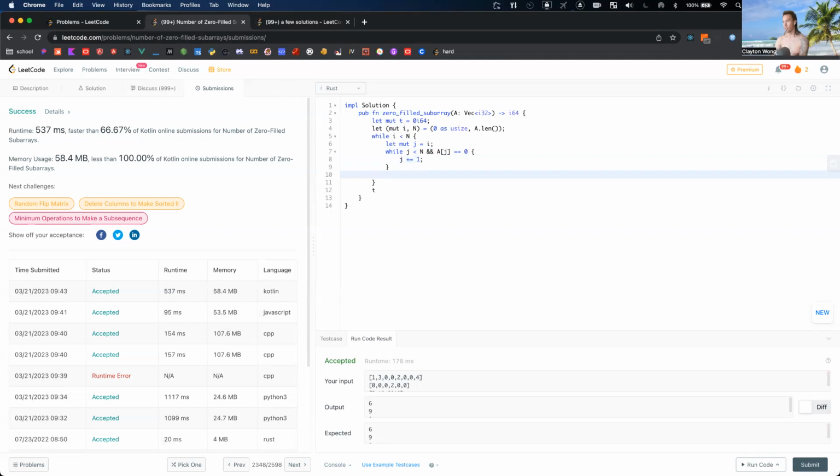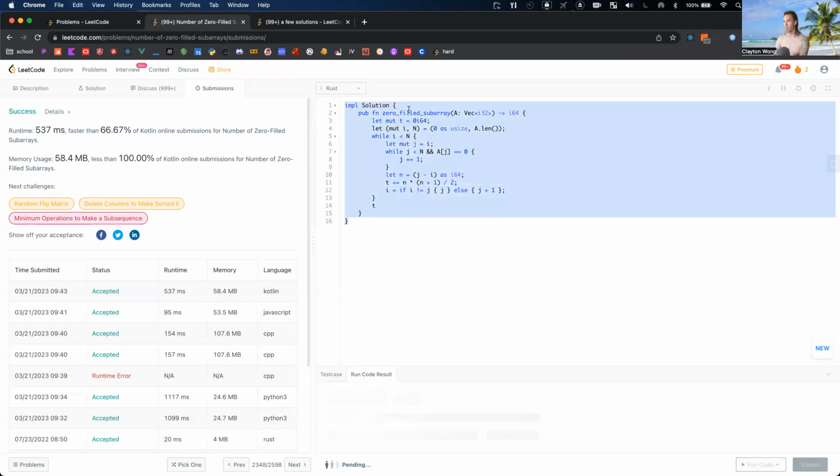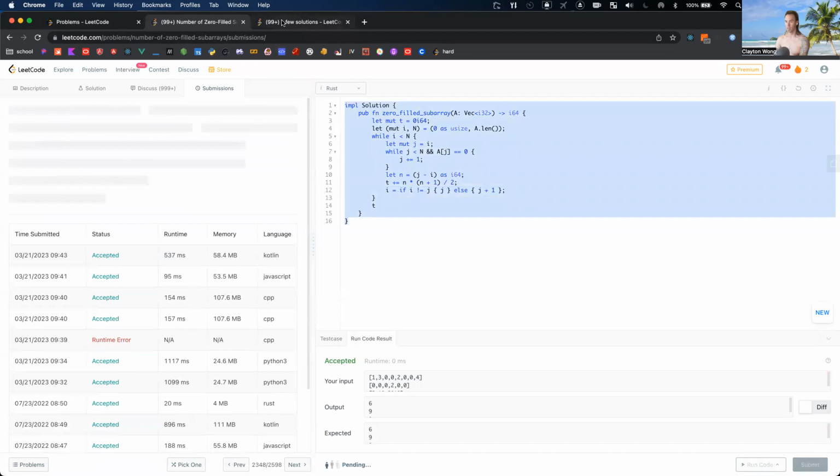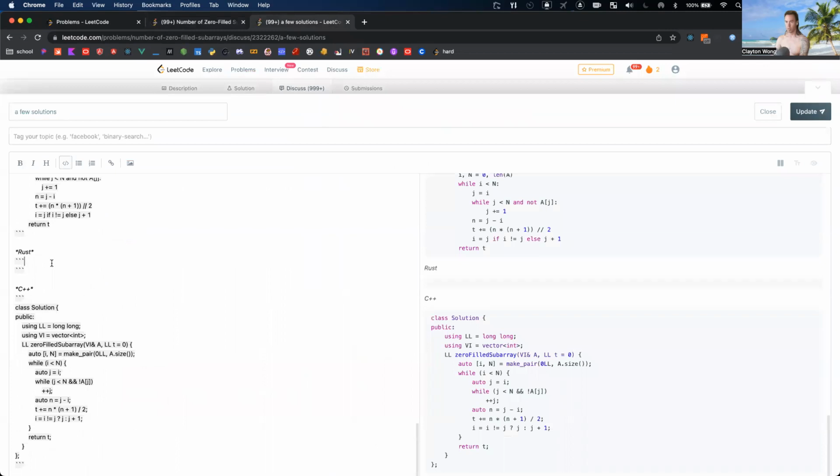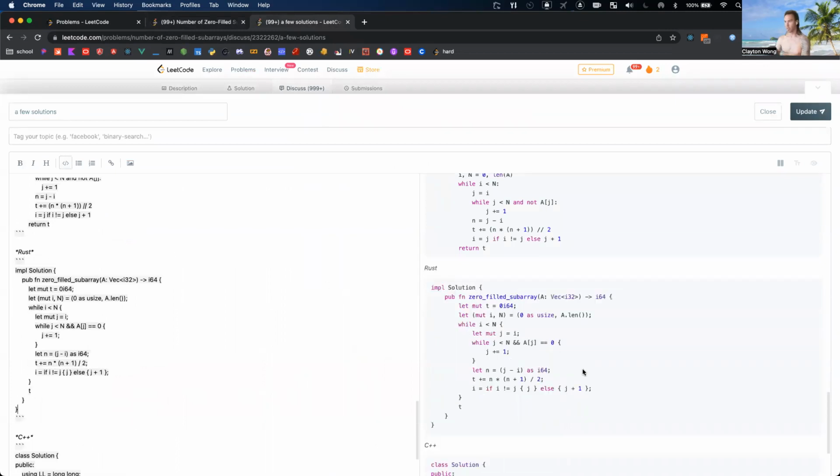All right, and then n is j minus i, that's an i64. t plus equals n times n plus 1 divided by 2. And then i equals j if i does not equal j, otherwise j plus 1. Okie dokie. Looks good. All right, that's cool. All right, there we go.